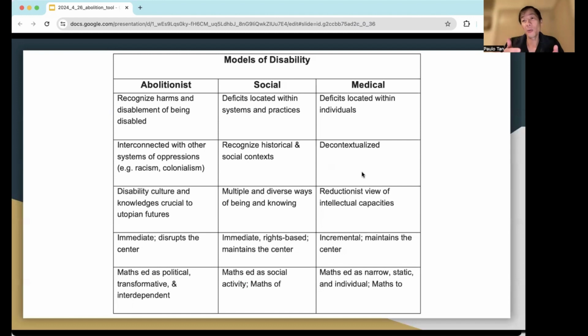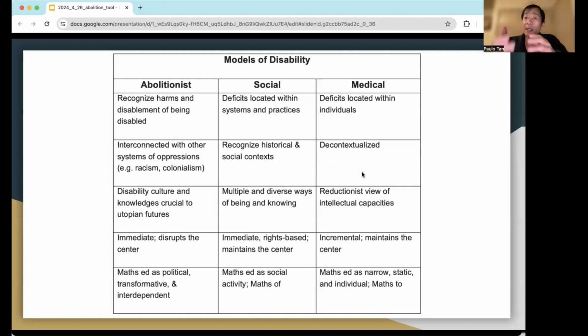So again, what I'm problematizing here as abolitionists is to think about what is the norm, like who's at the center, and so who's included, who's excluded.